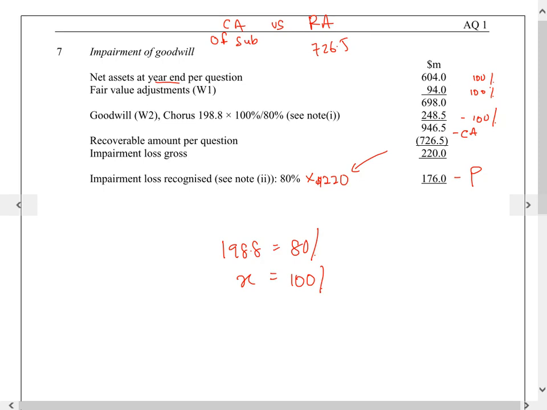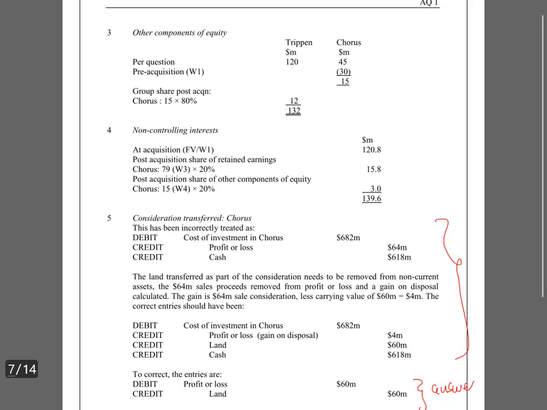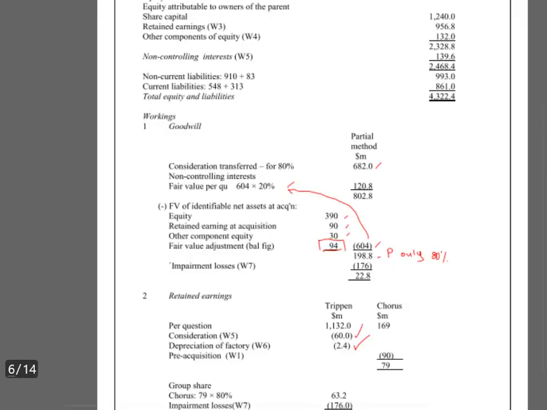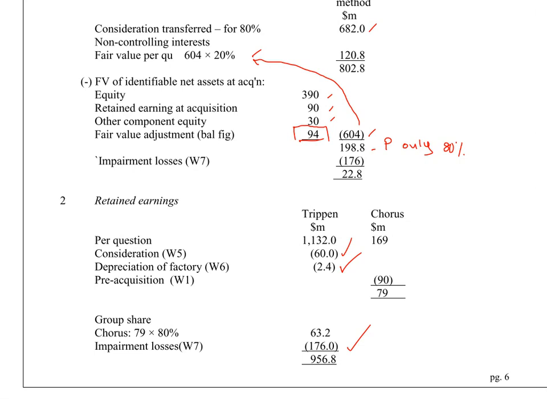Reduce your profit. 176. Can you see impairment here? 176. All parent. Don't share 80-20 here. Done.